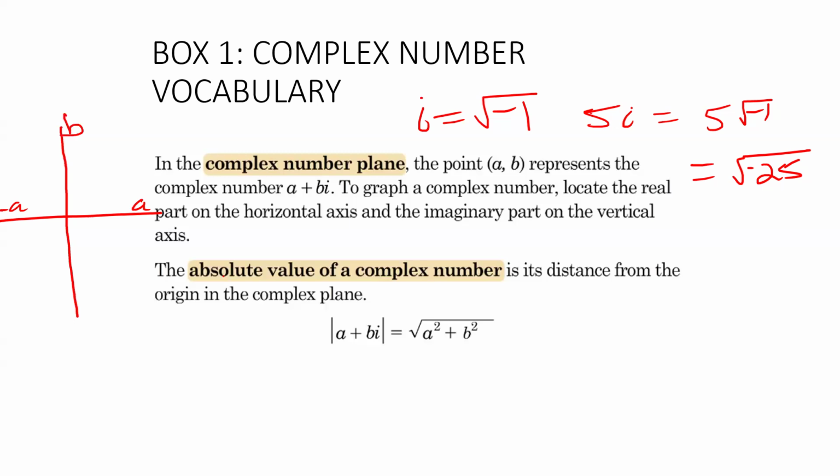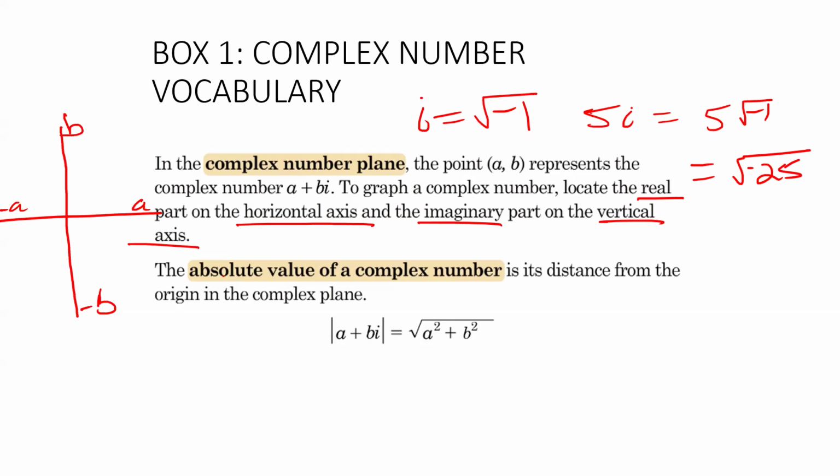If b is positive, you're going up. If b is negative, then you're going down. So that is how you plot. The horizontal axis is for the real, the vertical axis is for the imaginary, which is why I labeled them as a and b. It's not x's and y's, it's a's and b's on a complex plane.